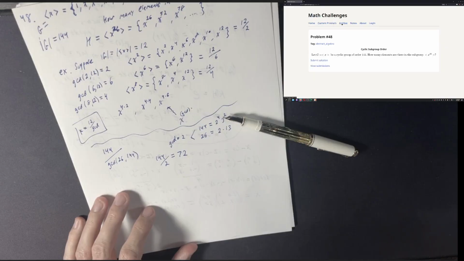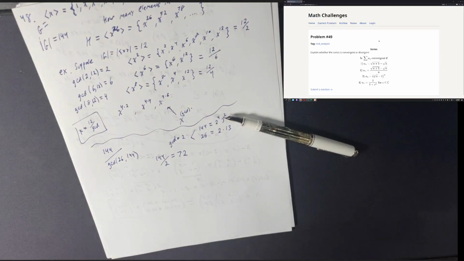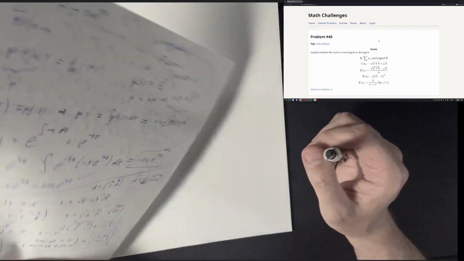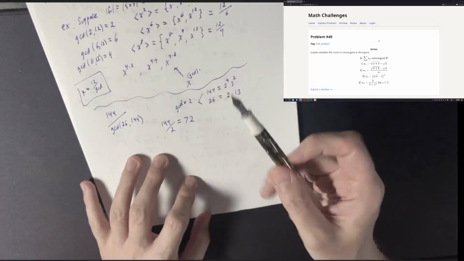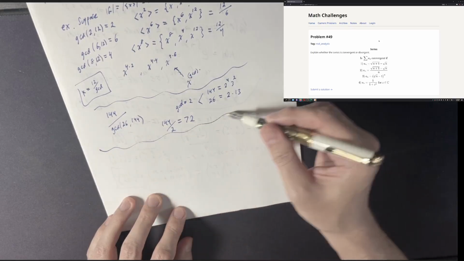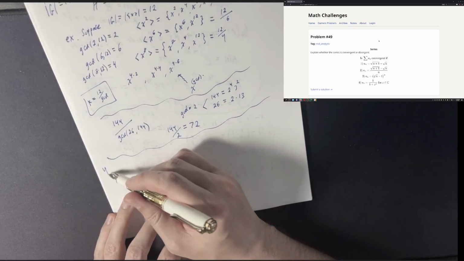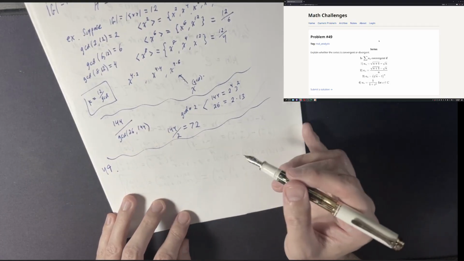All right, we are on the last problem. This one I only posted today, but I'll go ahead and do some of them. I'll do the whole thing, I suppose. So we're looking at 49. This is an analysis question.